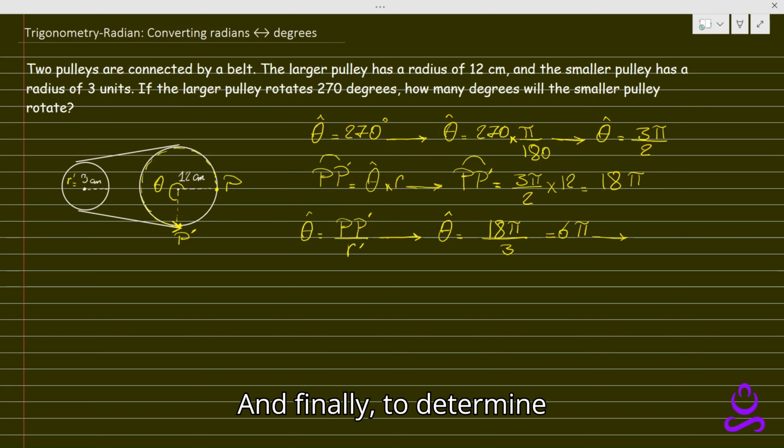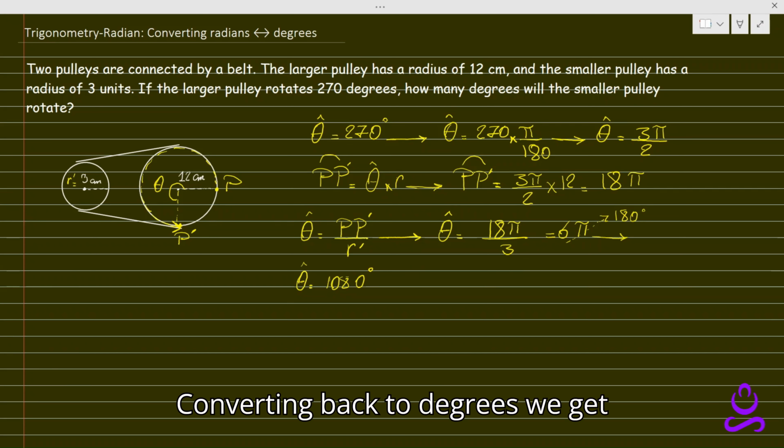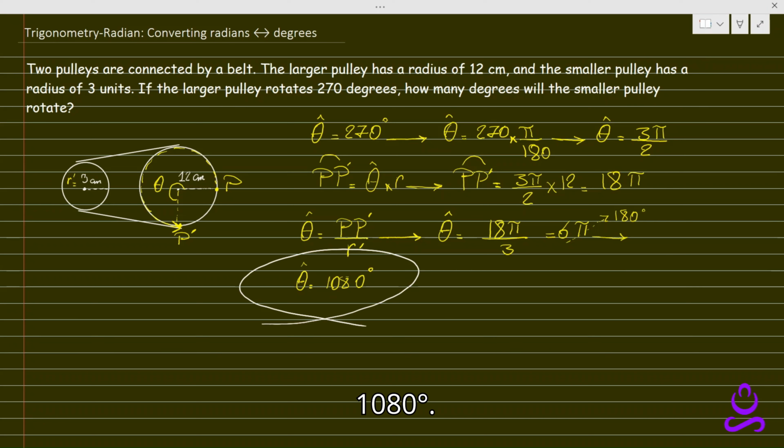And finally, to determine the smaller pulley's rotation in degrees, we divide the arc length by its radius. Converting back to degrees, we get 1080 degrees.